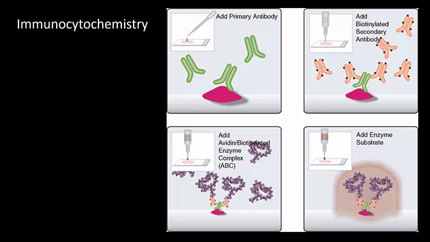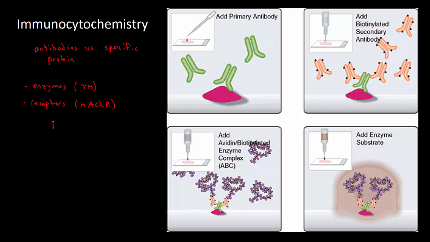I'm going to talk about a very important technique called immunocytochemistry. This is going to use antibodies against specific proteins. Things like enzymes, like TH, tyrosine hydroxylase, or receptors, like the nicotinic acetylcholine receptor.